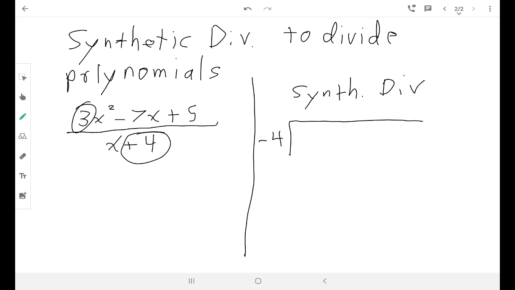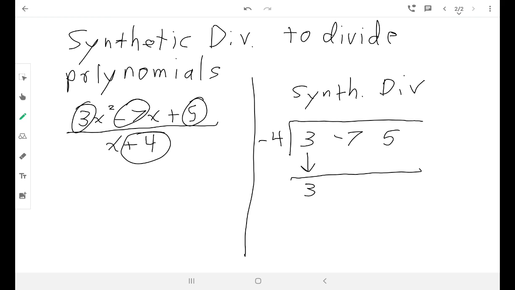Then you take all the coefficients of the things up here and put them next to each other with some space so that you kind of know that you're doing that. And then you put a line underneath this, and then you're able to do what they call synthetic division.